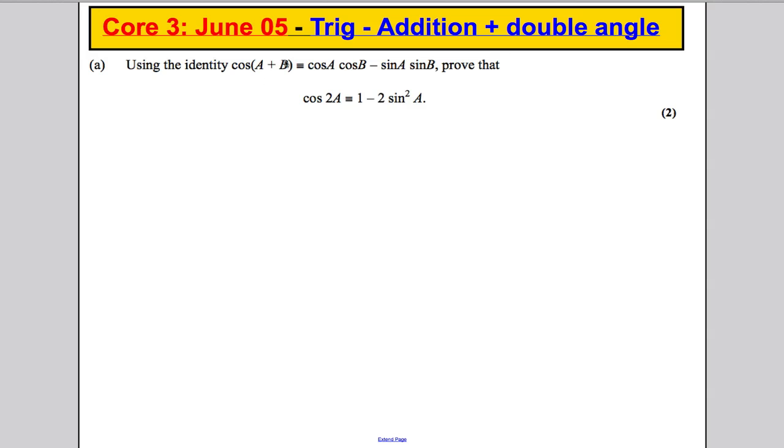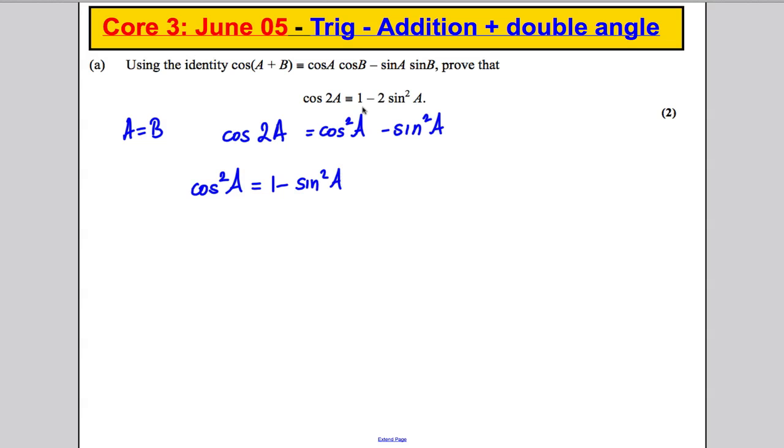Right, part A, it says use this identity to prove the following. What you can do is let A equal B, and therefore you get that cos of 2A would be cos squared A subtract sine squared A. Then you could use the identity that cos squared A is 1 subtract sine squared A, and substitute that in this one's place.